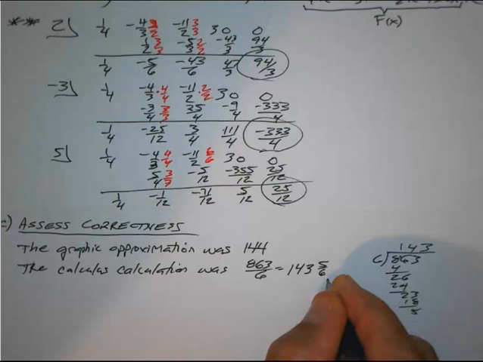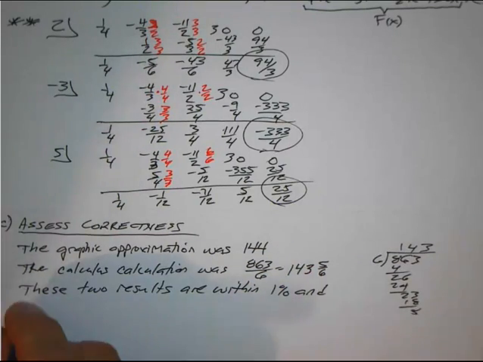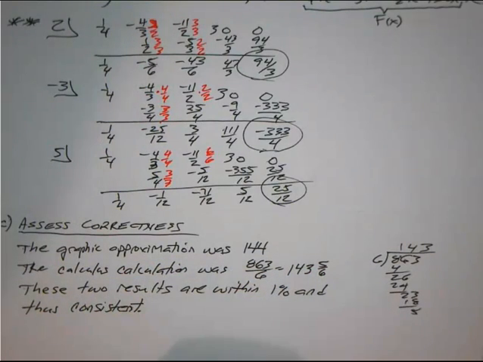Okay, 143 and 5/6. Wow, compared to 144, those two results are within 1% and certainly consistent. With such consistency, we're pretty confident in saying that the solutions to part A and B are very likely correct.